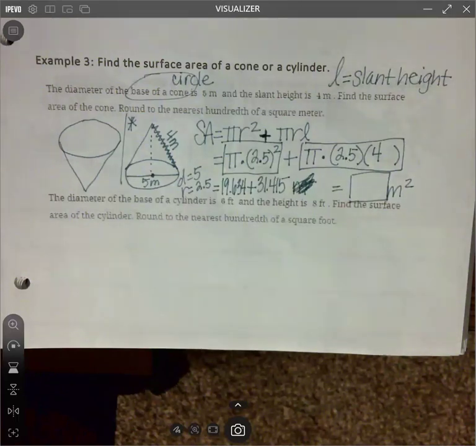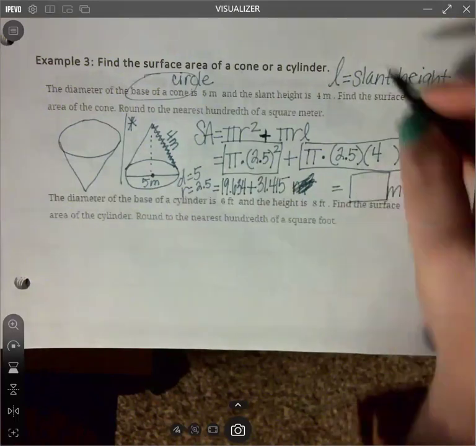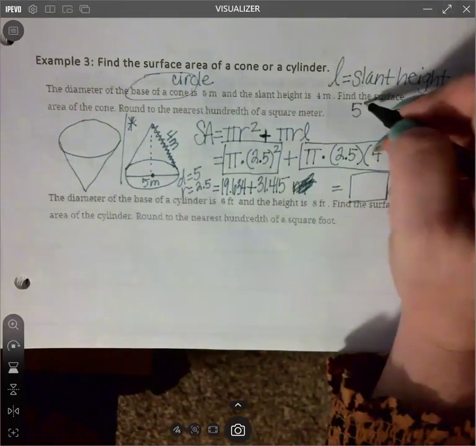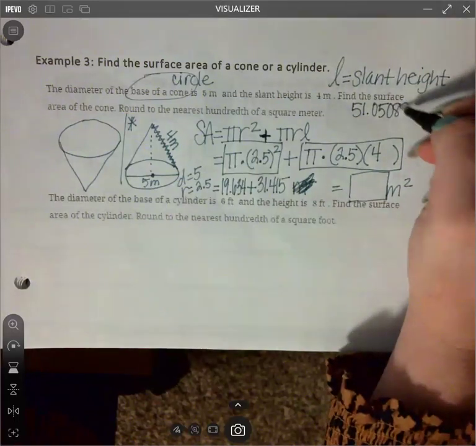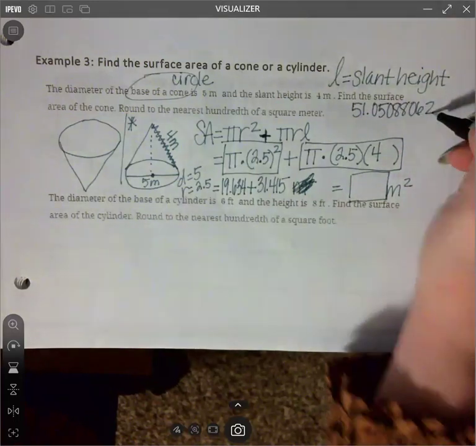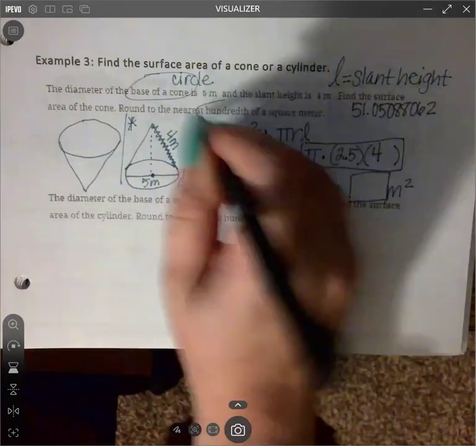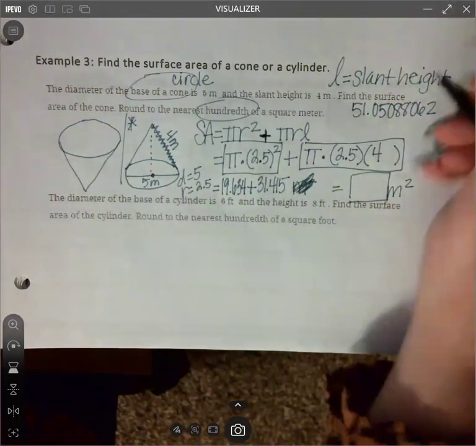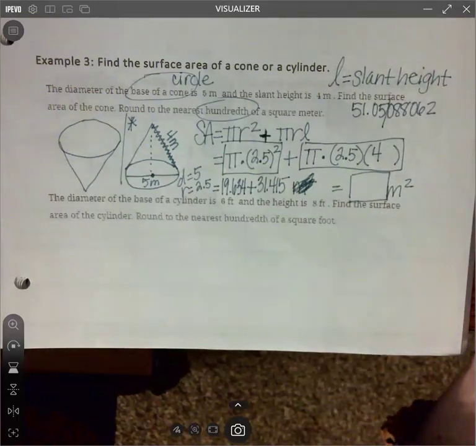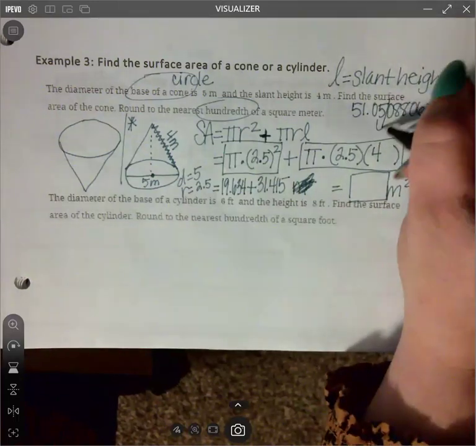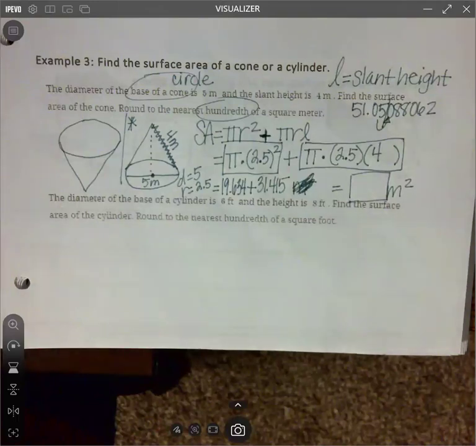If you can't on yours, you might want to write them down, because I want to always start with the exact answer and then do my rounding. I'm rounding it to the nearest hundredth. So that's 2 decimal places. I look to the number after to see if I round up. It's not 5 or higher.